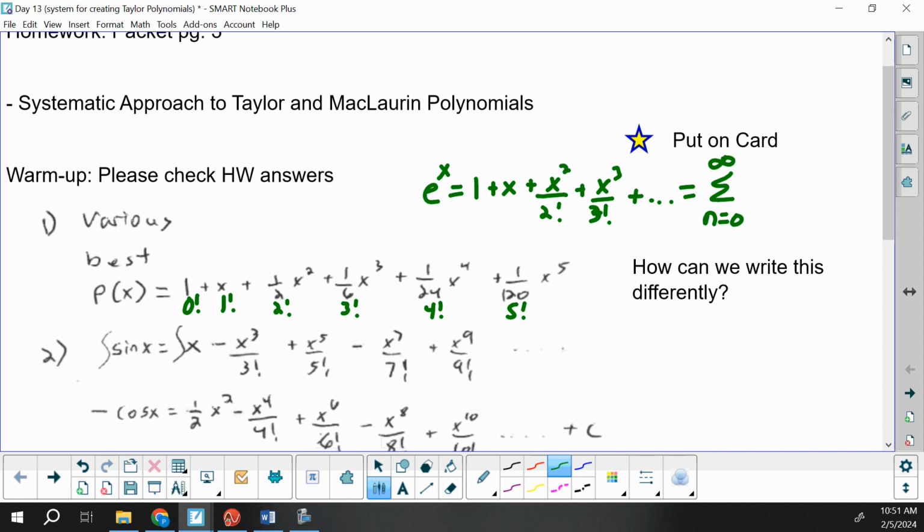And our x's are always raised to the same as our n value, because we have n equals 0, then 1, then 2, then 3, and so on. So we'll have x to the n. And then the factorial on the bottom matches that power, so we'll have over n factorial. So we should now have 3 things on our card, and we will add 2 more of them today.